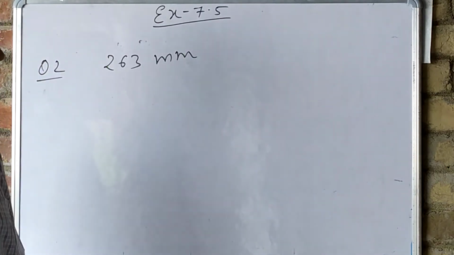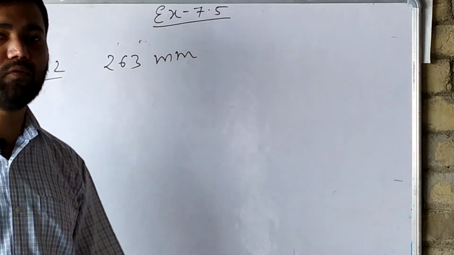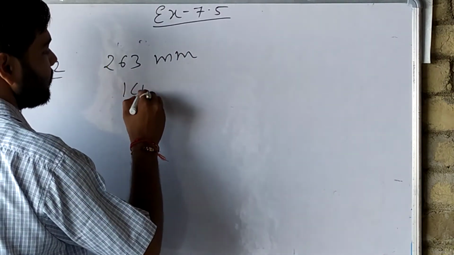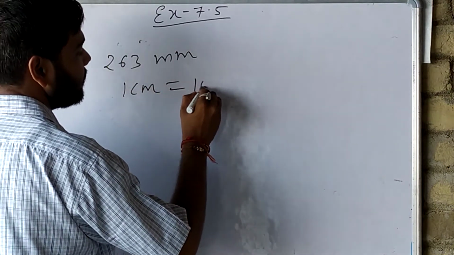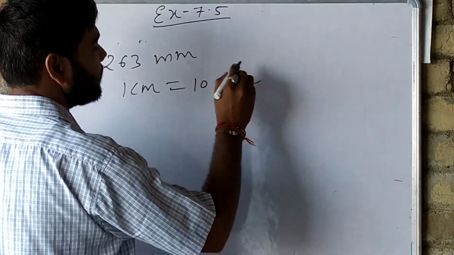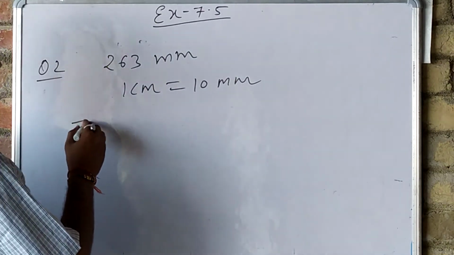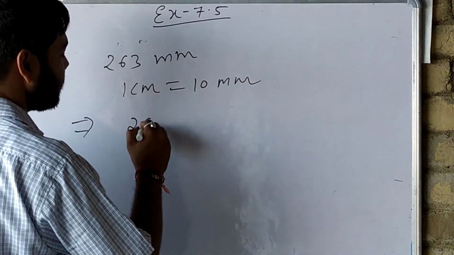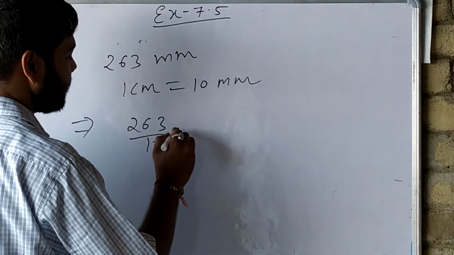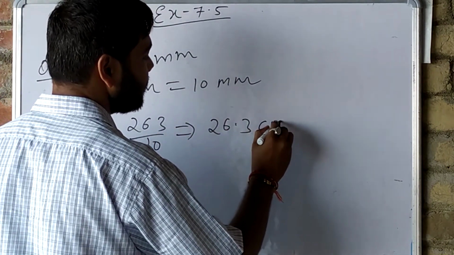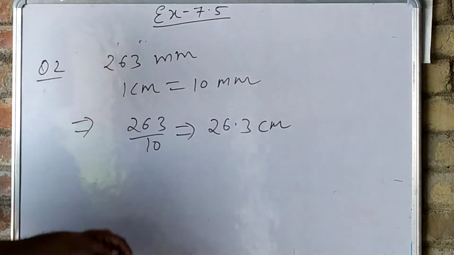If you have remembered, I have already told it before. In 1 centimeter we will have 10 millimeter. We have to convert it into centimeter, so we will divide by 10. The answer will be 26.3 centimeter.